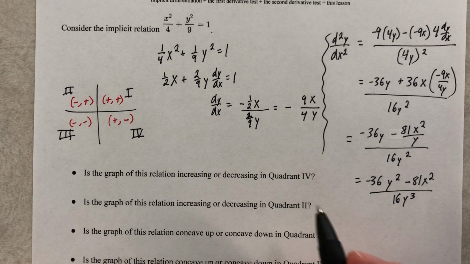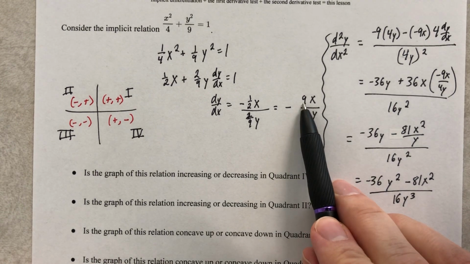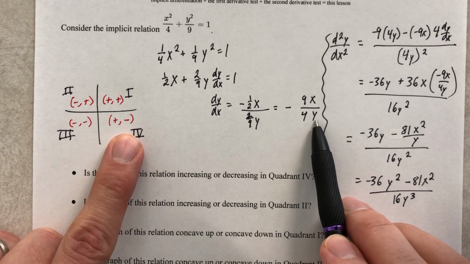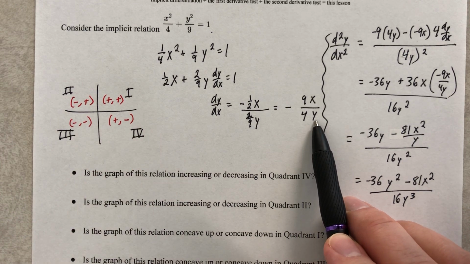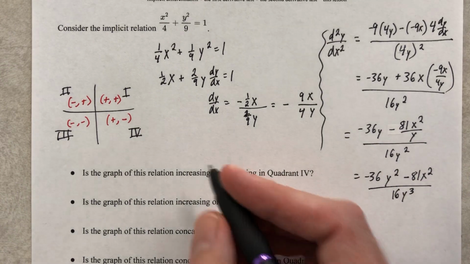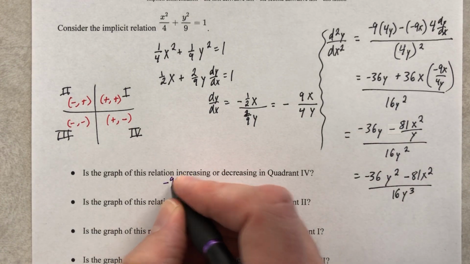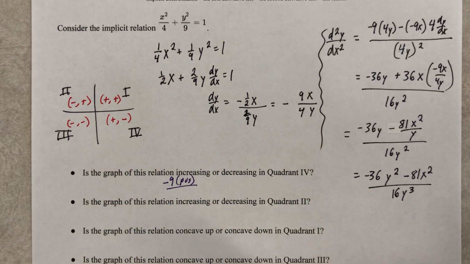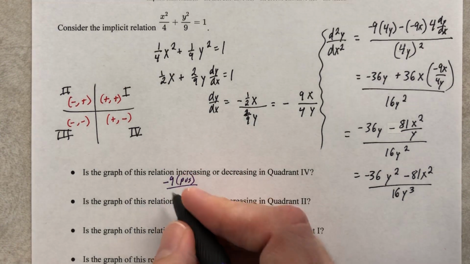So what I'm going to have is, and this is in my head, not writing it down yet, negative 9 times positive over 4 times negative, and I wonder what the sign is. So let's start writing. Negative 9 times a positive. This is not mathematically written.